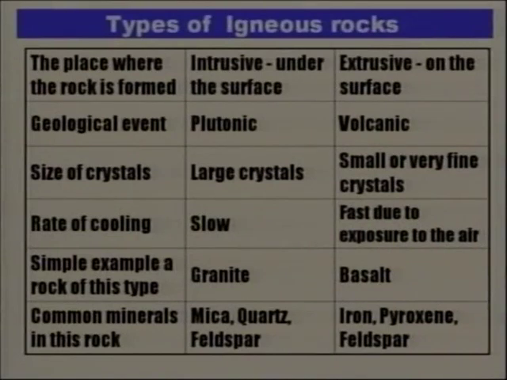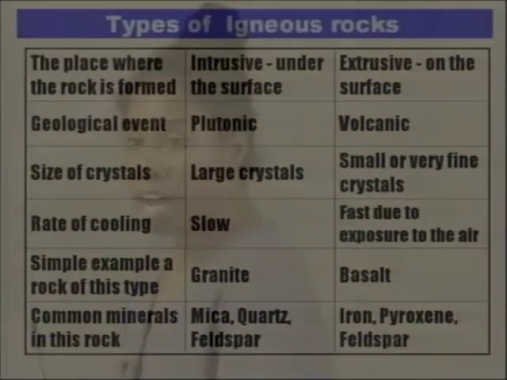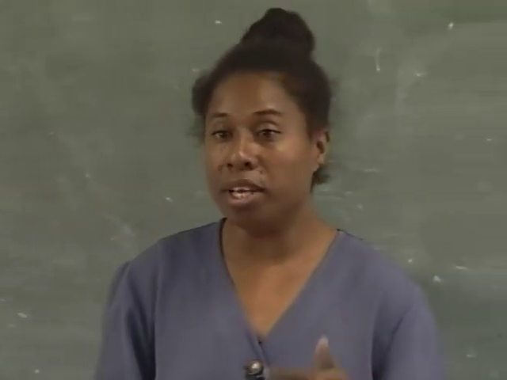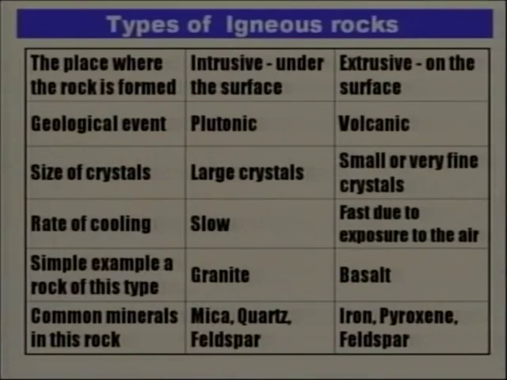I told you that igneous rocks are formed as a result of the solidification and the crystallization of magma, and it could be under the surface or on the surface. Magma which solidifies under the surface becomes an intrusive feature.